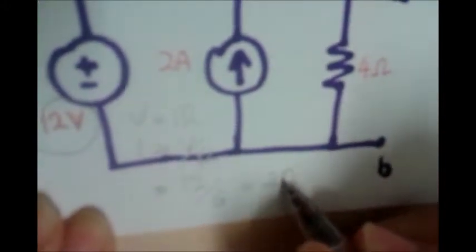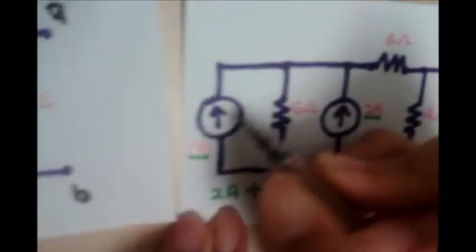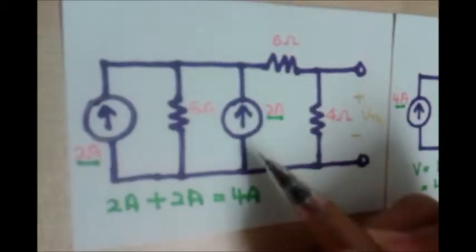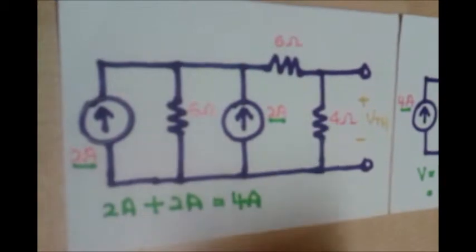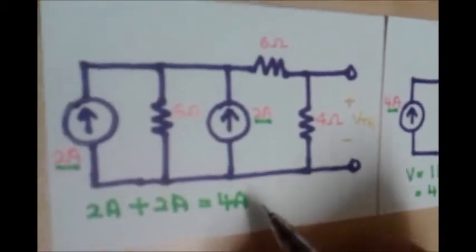We get 2 A. So in the circuit, we must put the 2 ampere for the two current sources. So the current source we will get is 4 A. Then the circuit will be like this.